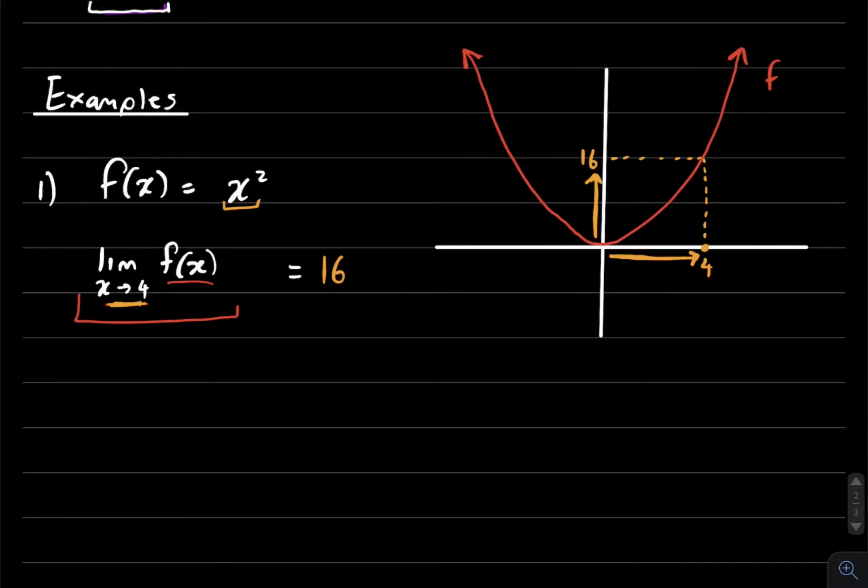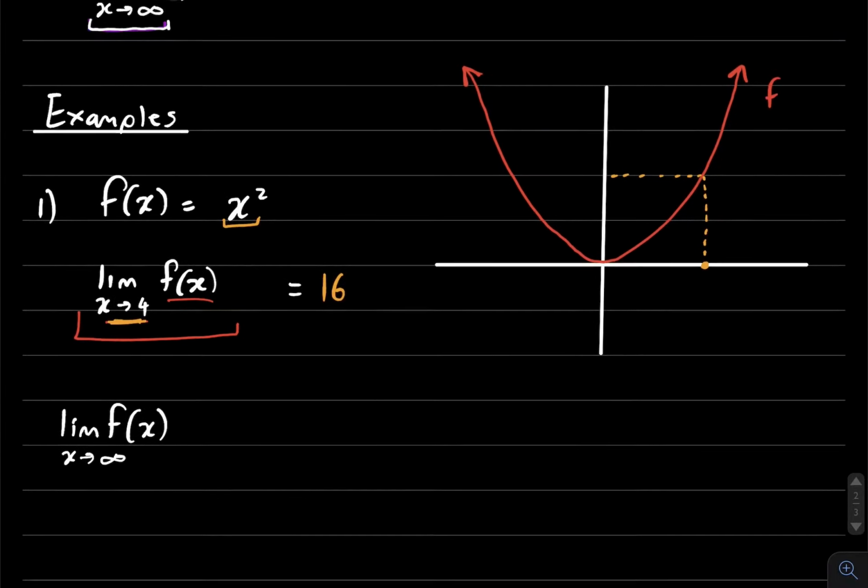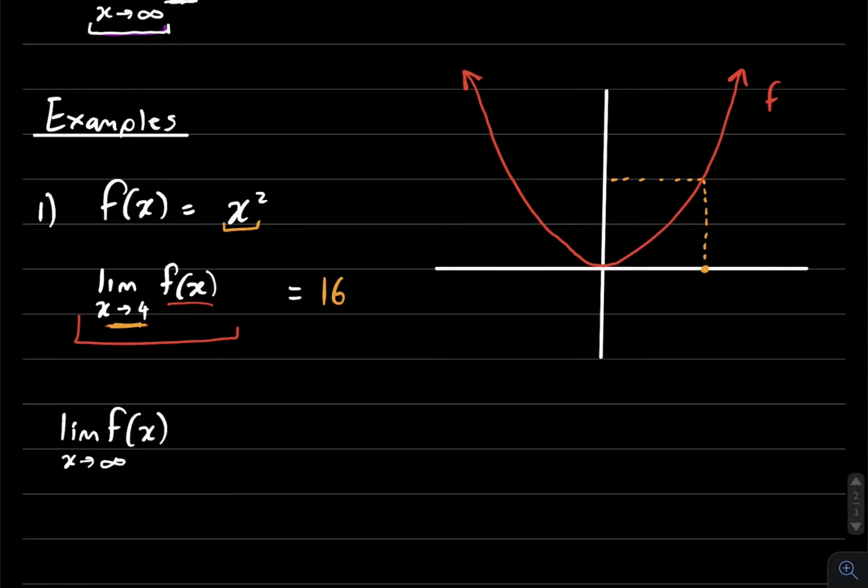Okay? So let's say that we had a different limit now. Let's look at the limit to infinity again. If we had the limit of f of x as x goes to infinity, this should be simple now, because we can see that, oh, let me just erase that part.